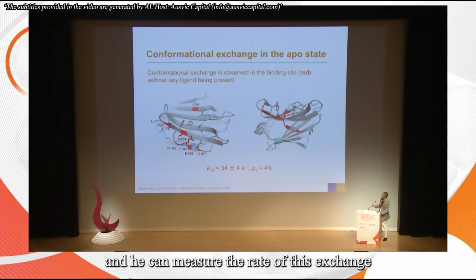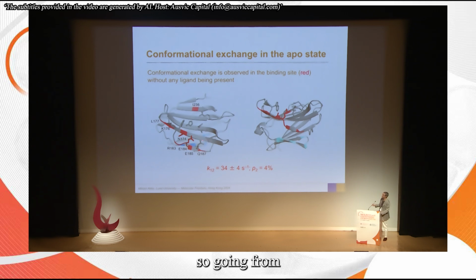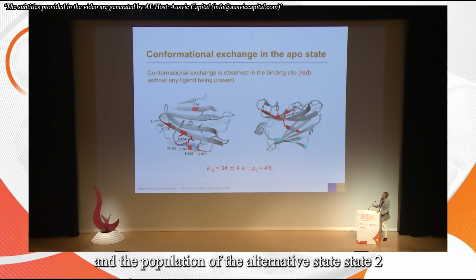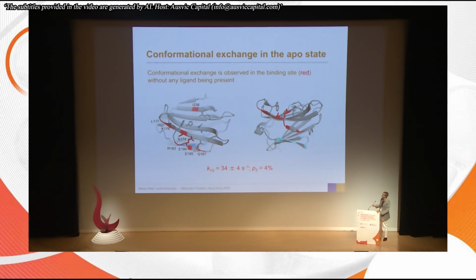And he could measure the rate of this exchange, so going from state 1 to 2 happens 34 times per second, and the population of the alternative state, state 2, is only 4%. But we can easily measure this.